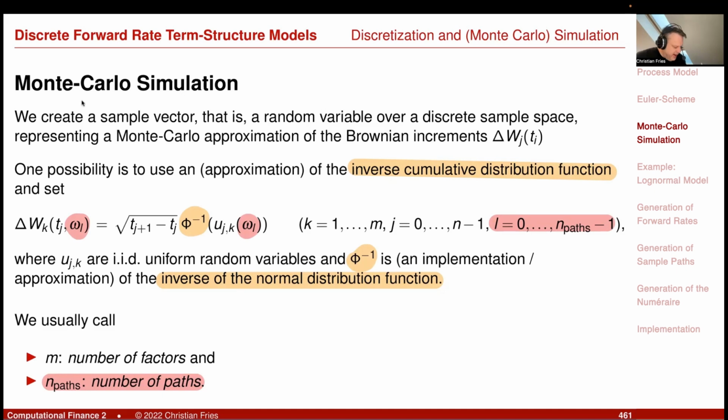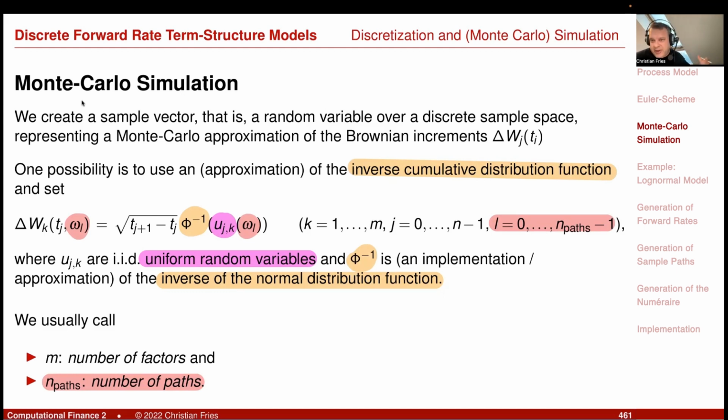Okay, and the last step, the uniform random number generation. So my u_jk, j for the j-th time step, k for the k-th factor. So this is a family of uniform distributed random variables. So I sample the uniform distributed random variables by generating a uniform distributed sequence of random numbers.